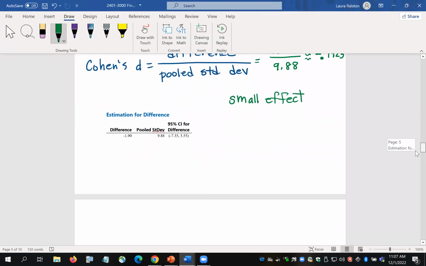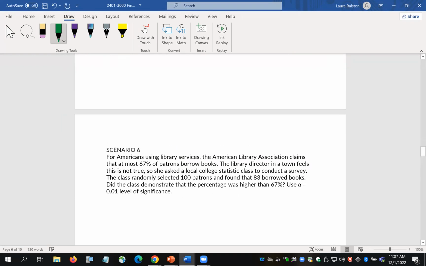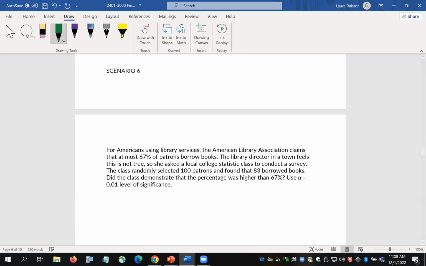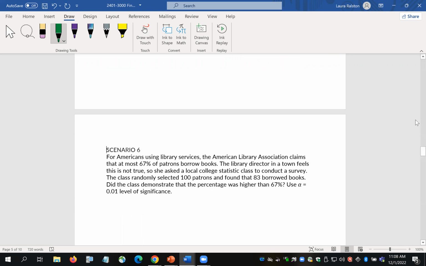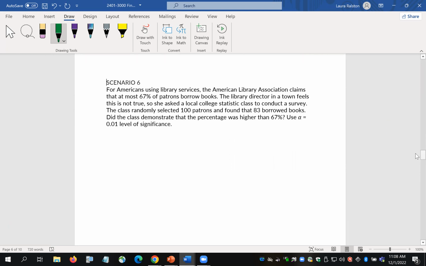So let's move on to question 6, if you ladies are okay, because I want to try to get through the rest of these, either here virtually, or I'll finish out the recording so you'll have them to refer to. So scenario 6 says, for Americans using library services, the American Library Association claims that at most 67% of patrons borrow books.